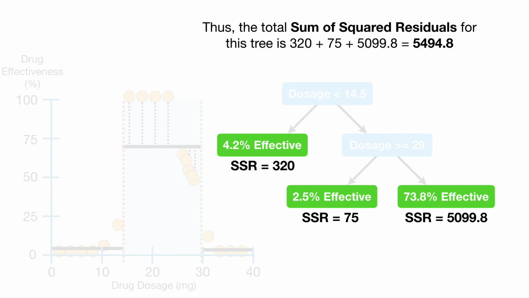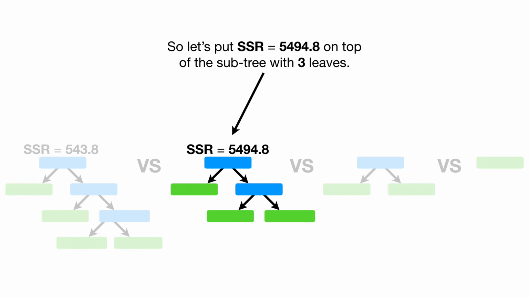Thus, the total sum of squared residuals for this tree is 320 plus 75 plus 5,099.8, which equals 5,494.8. So let's put SSR equals 5,494.8 on top of the subtree with 3 leaves.